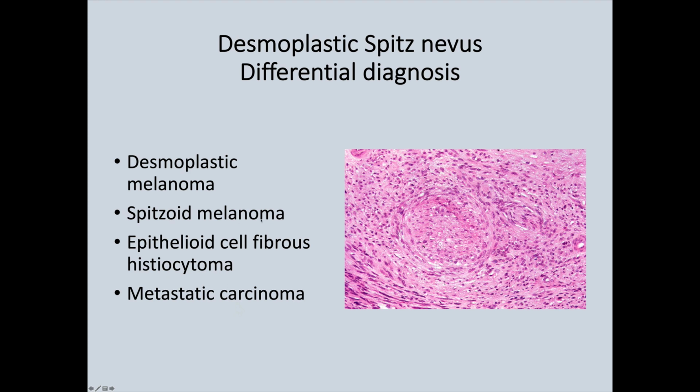Spitzoid melanoma. Well, in reality, at least to my mind, I only use that term if I'm looking at something that's clearly malignant without giving it a second's thought. It's malignant, but it's got some vaguely spitzoid appearances near the top. And so that doesn't really come into the differential either.